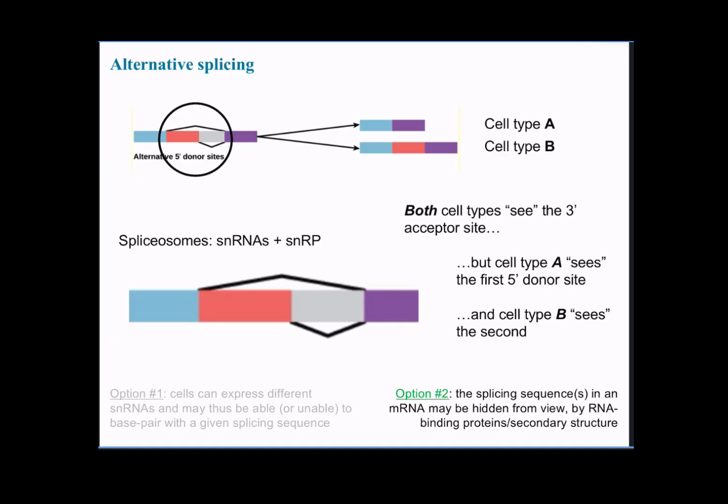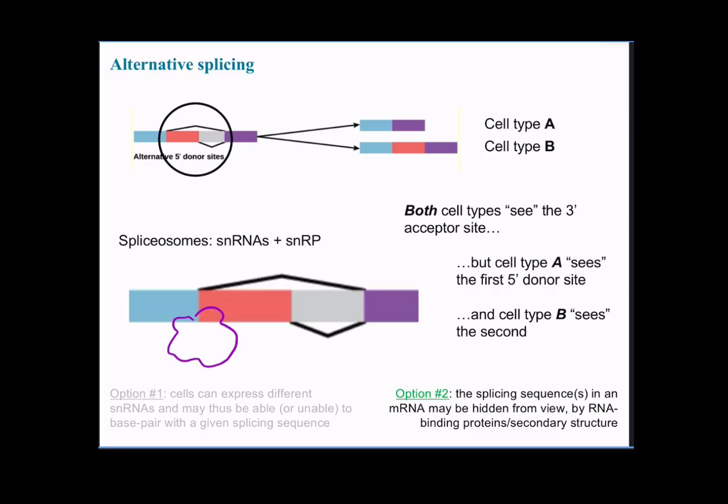Alternatively, it could be the opposite, that cell type B produces, I'm going to draw it here, an RBP that happens to bind RNA where the first donor sequence is, so it sees only the second. Or it could be that the RNA in either cell type happens to form a secondary structure right where those donor sites are.